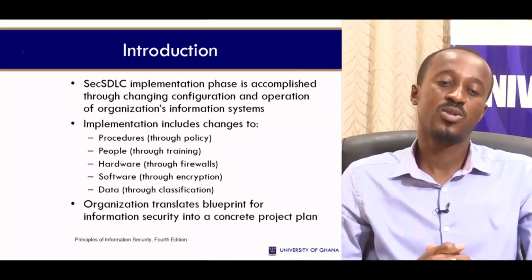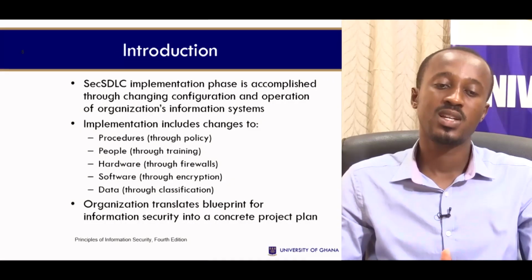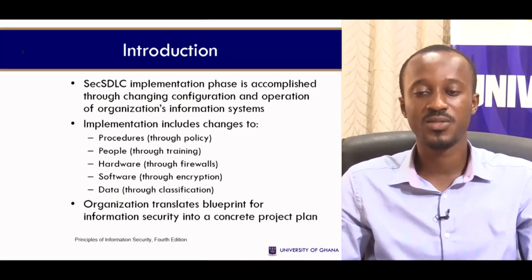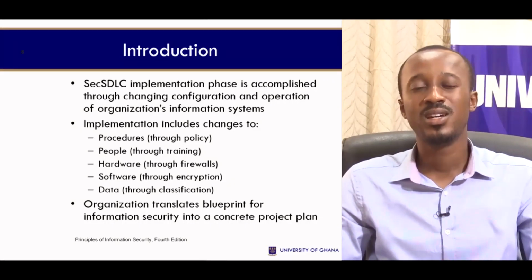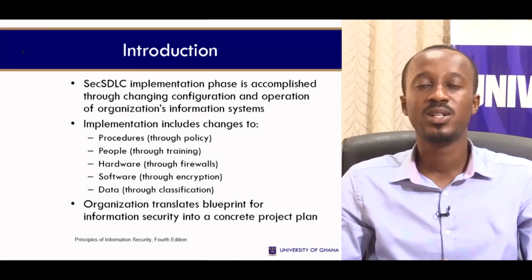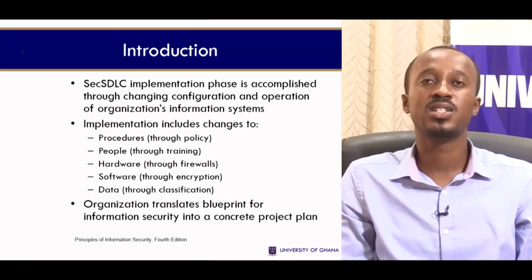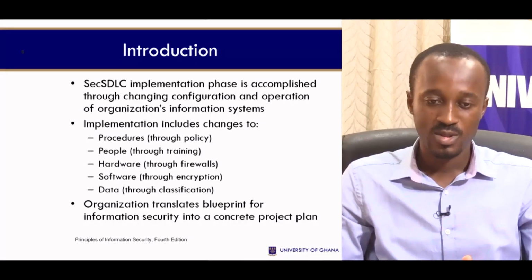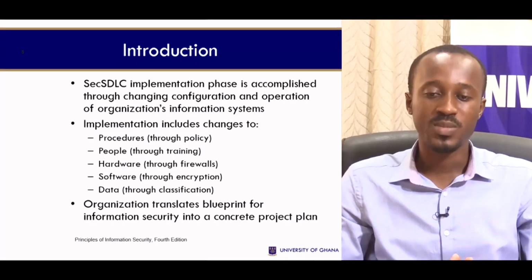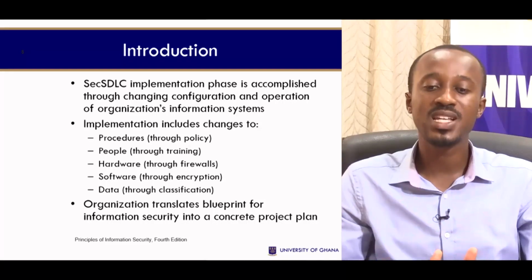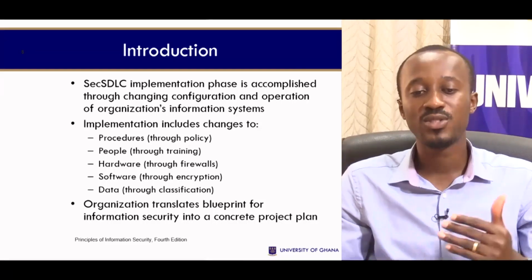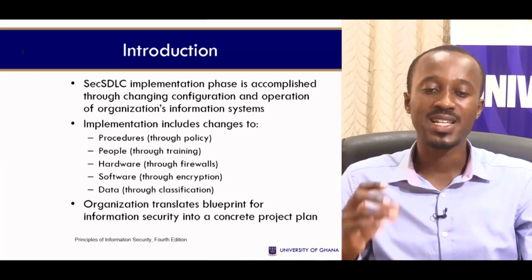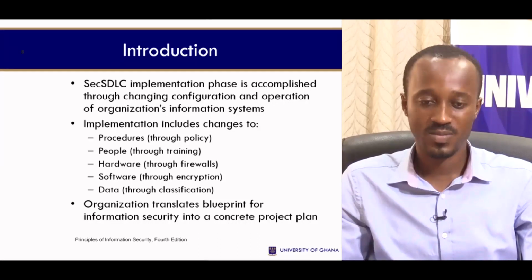Okay, so we came across the SecSDLC implementation phase a few sessions back, where we acknowledged that it follows the usual SDLC. The SecSDLC implementation phase is accomplished through changing the configuration and operation of organizations' information systems.